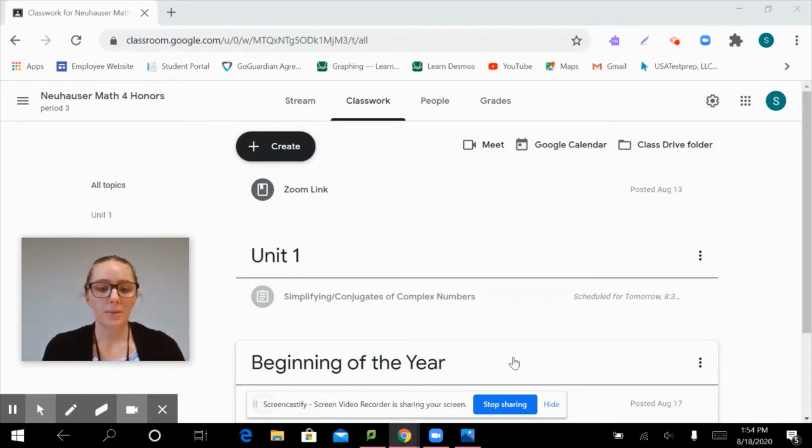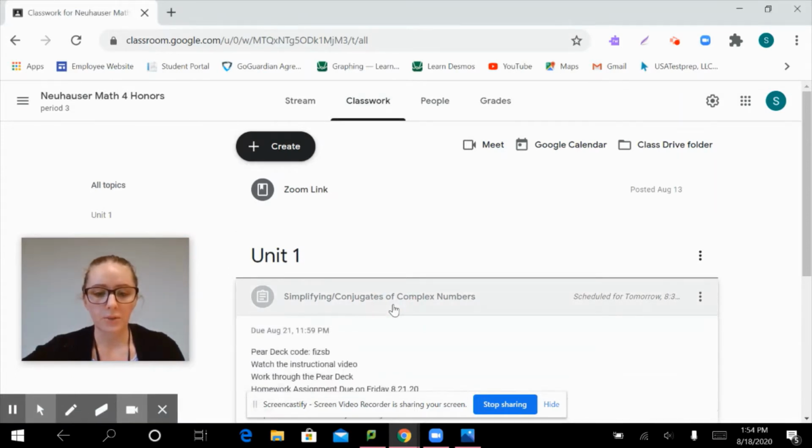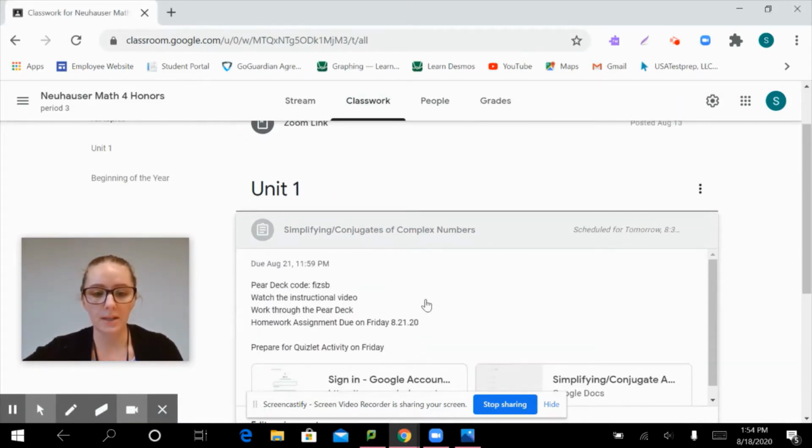Today we are going to be simplifying complex numbers and recognizing conjugates of complex numbers. This is going to be the start of our Unit 1. On Google Classroom, under classwork in the morning, this is going to be on your assignment. You got your Pear Deck code right there.